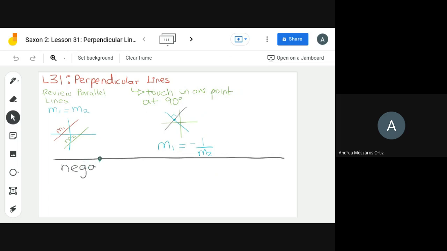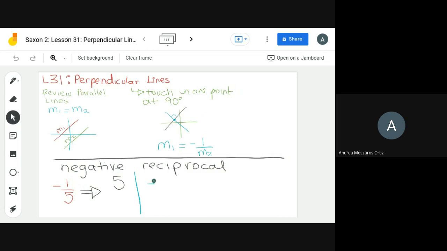Okay, so let's give an example here. If we have the fraction negative 1/5, the negative reciprocal is going to be positive 5. We change the denominator and the numerator, and we also change the sign.